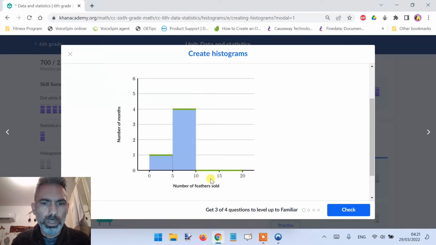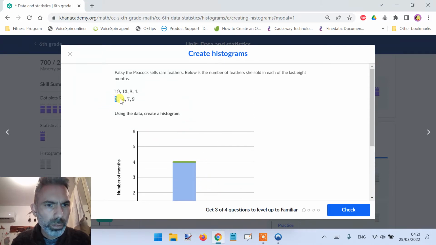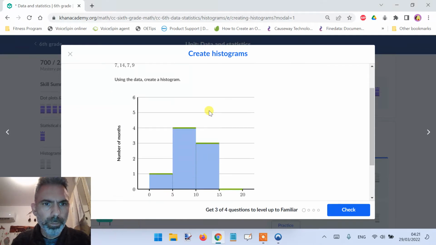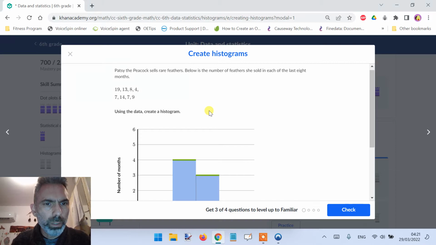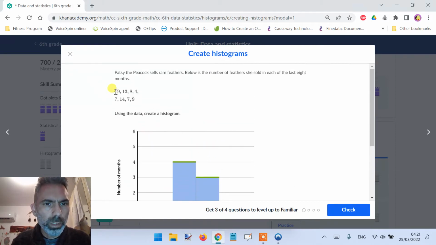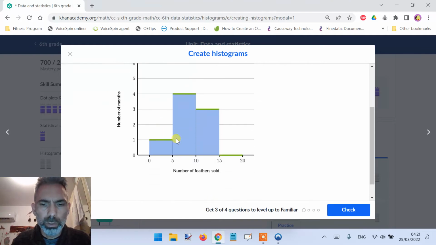And now between 10 and 15, we have 1, 2, 3 months. And between 15 and 20, we have this month over here where she sold 19 feathers, so this is 1.